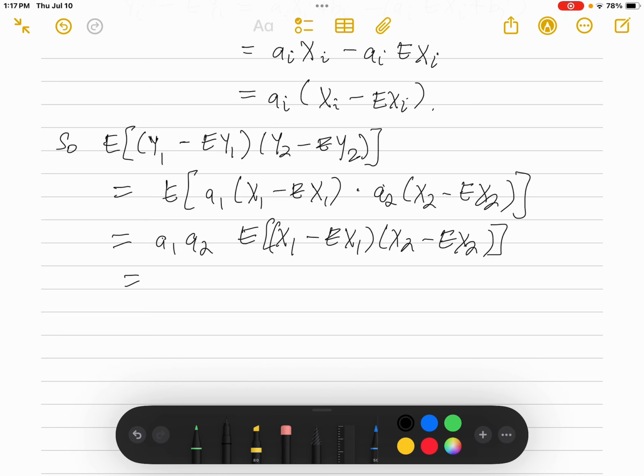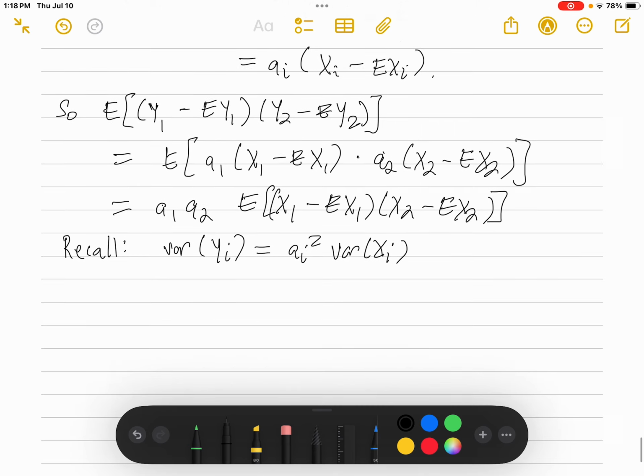Now recall that we want to compare the standard deviation of yi to the standard deviation of xi. And we know that the variance of yi is equal to ai squared times the variance of xi. That's a property of the variance.